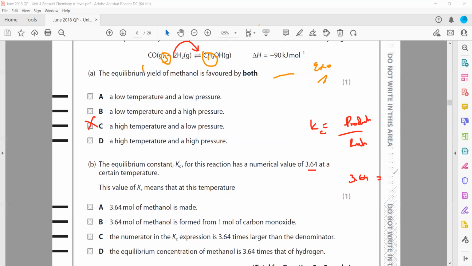So 3.64 equals product divided by reactant, or 3.64 times the reactant equals product. So the numerator in the Kc expression is 3.64 times larger than the denominator. That is true: if you multiply 3.64 by the denominator reactant, you get the numerator.